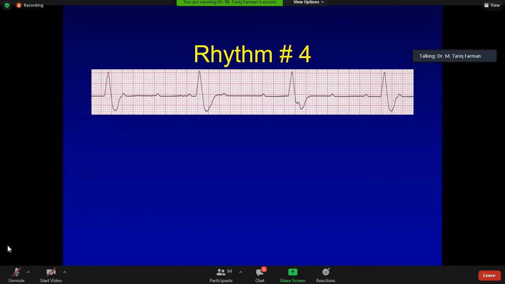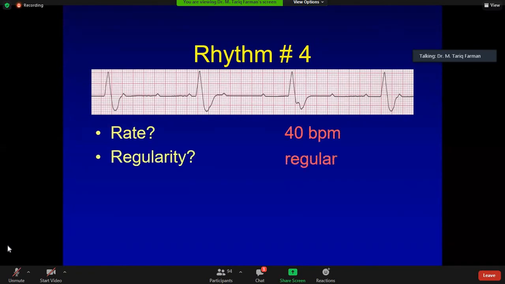The ventricle has its own rate, and the atria have their own rate. So there is complete dissociation. It is called AV dissociation, and it is called third degree AV block.